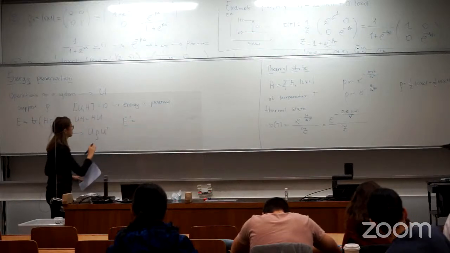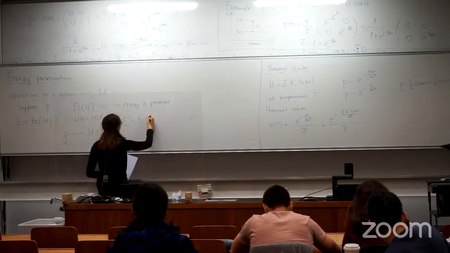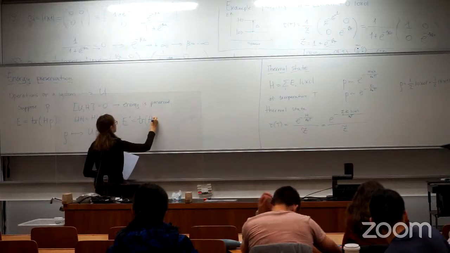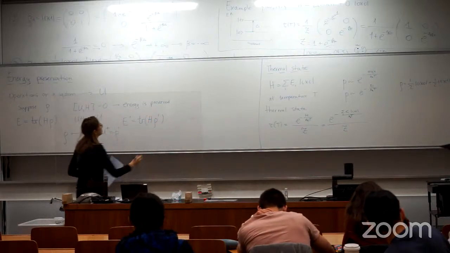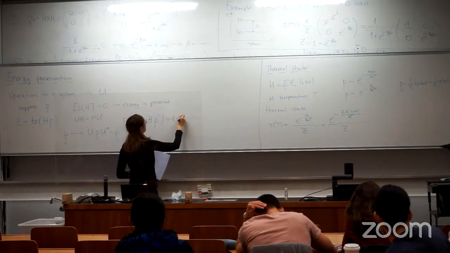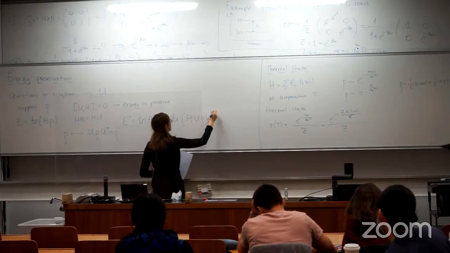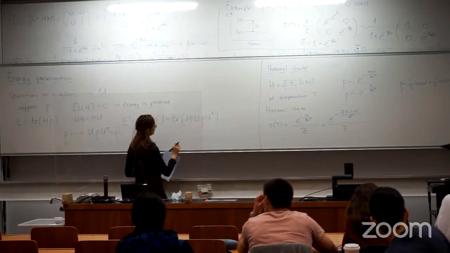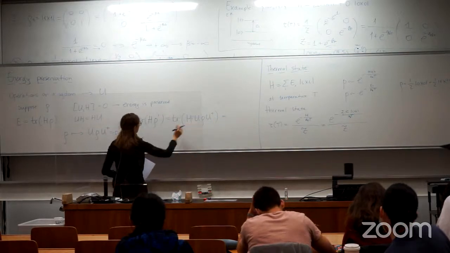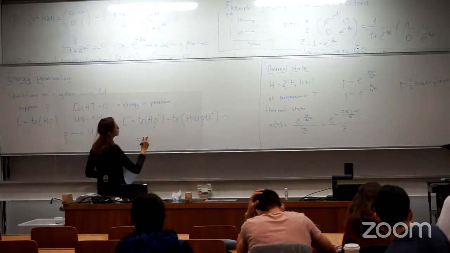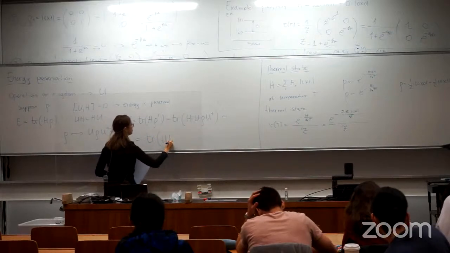This is the trace of the Hamiltonian times rho prime, which is the trace of H U rho U dagger. We know that H and U commute, so we can switch these two terms. So it's going to be U H rho U dagger.